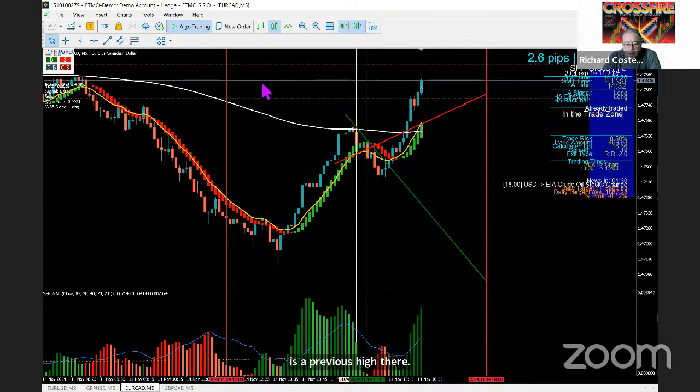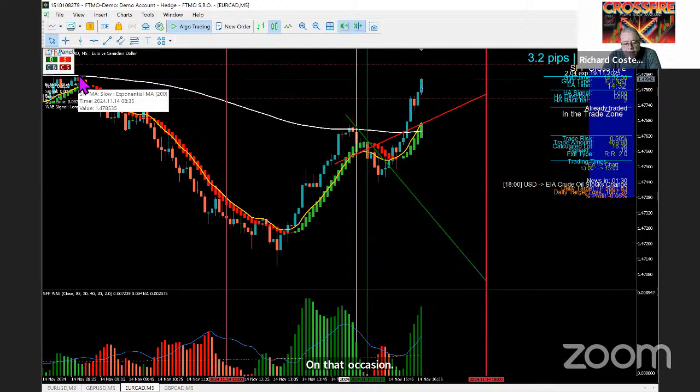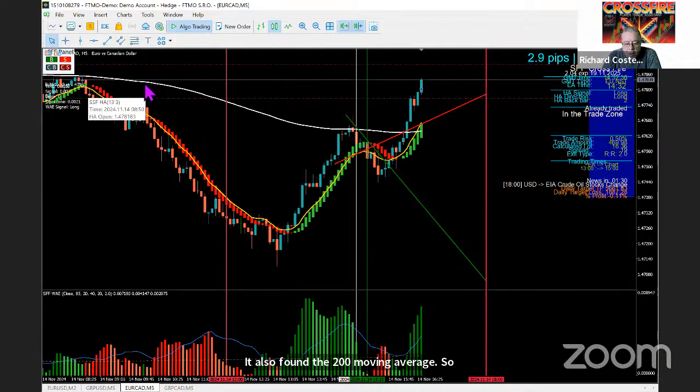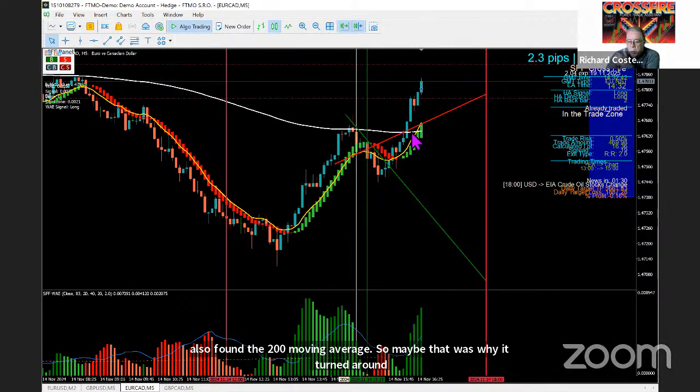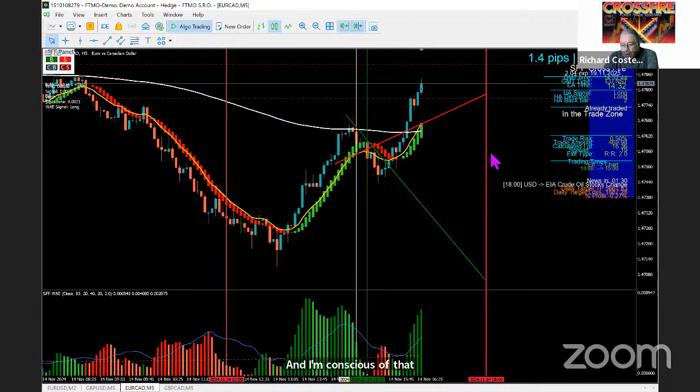So it's finding the same resistance as it found over there, and on that occasion it also found the 200 moving average. So maybe that was why it turned around. And I'm conscious of that possibly being a turning point. I think I need to learn to trust the trading assistant.